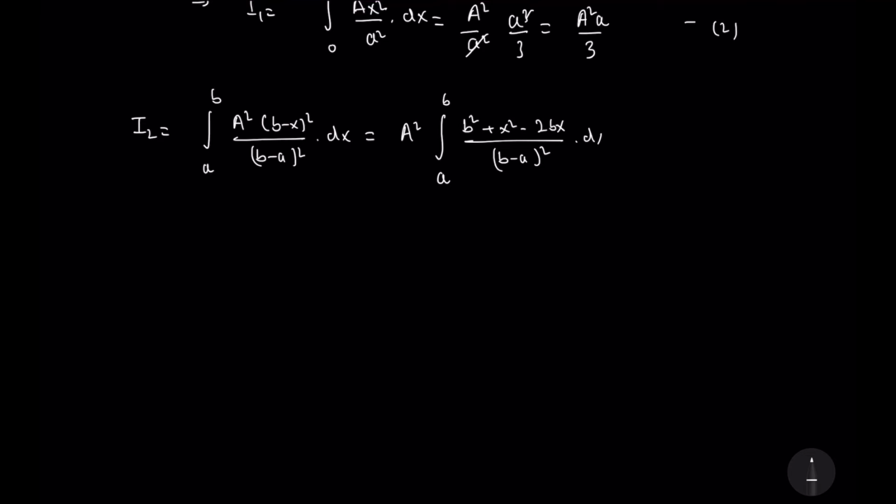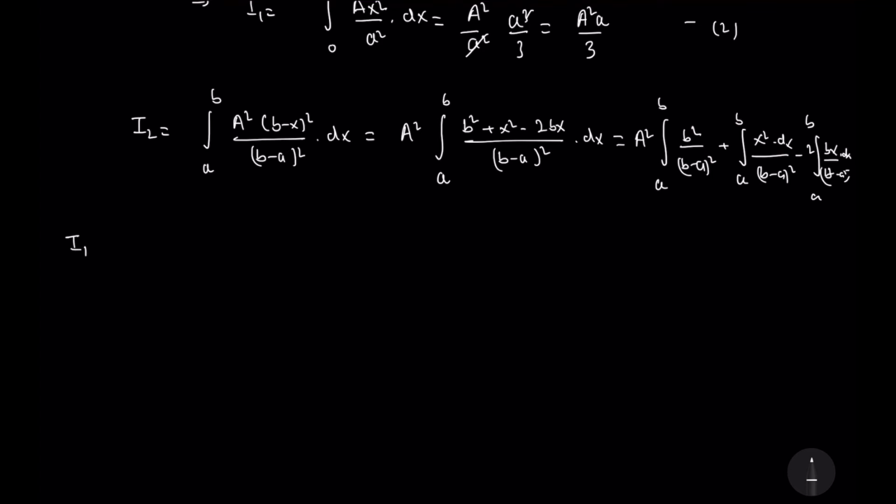I'm going to split the fraction into individual fractions: a squared times the integral from a to b of b squared upon (b minus a) whole squared, plus the integral from a to b of x squared dx upon (b minus a) whole squared, minus 2 times the integral of bx upon (b minus a) squared dx from a to b.